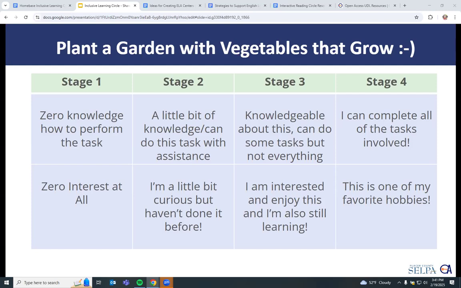Maybe you're interested, enjoy it, and are still learning, or perhaps this is your favorite hobby. Maybe you have no knowledge at all of it. Perhaps a bit of knowledge and can complete this with some assistance. Perhaps you're knowledgeable about this and can do some parts, but not quite all the steps. And maybe you can do it all when it comes to gardening.